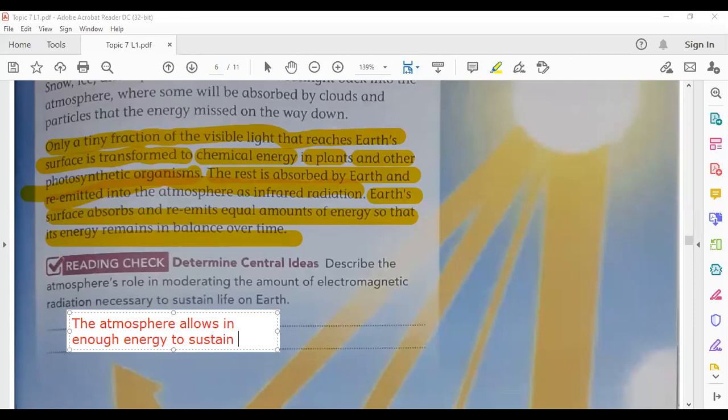So the atmosphere allows enough energy to sustain life, while blocking radiation that would harm life, like the ultraviolet light or the infrared radiation.